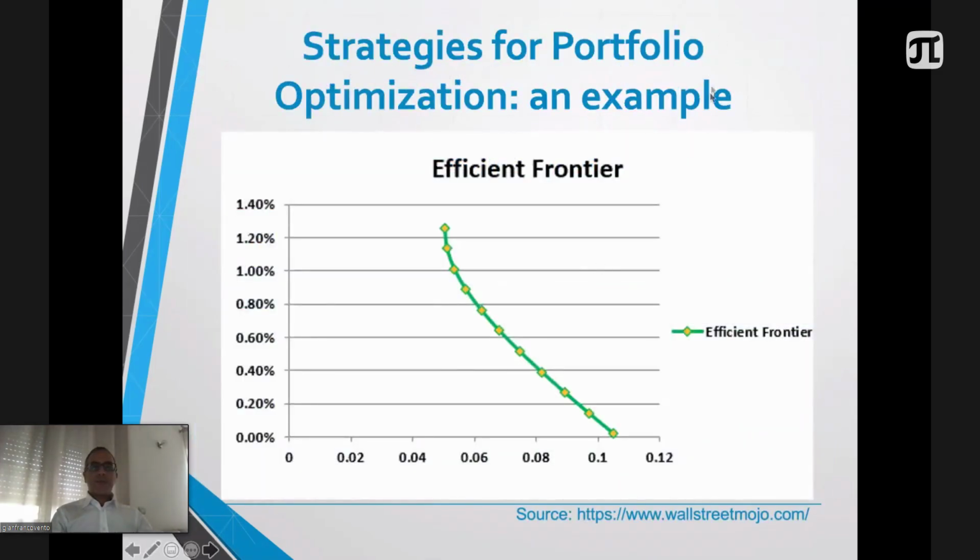In this graph, we have the strategies for portfolio optimization. We have an example of efficient frontier where the green line represents the frontier.